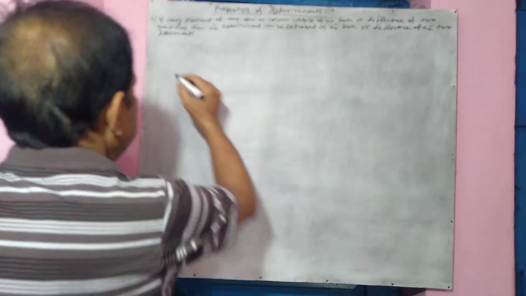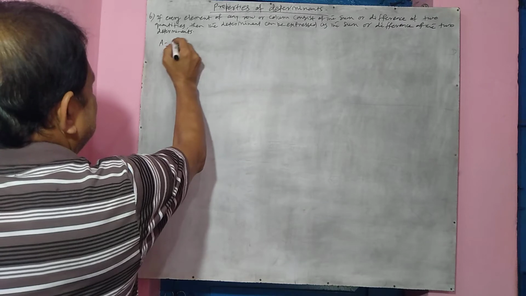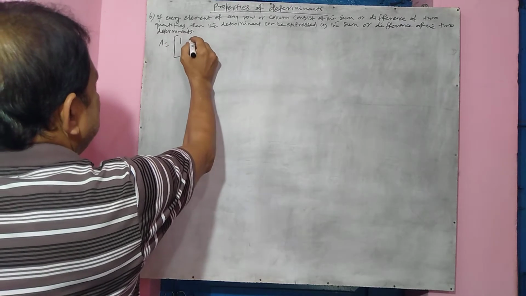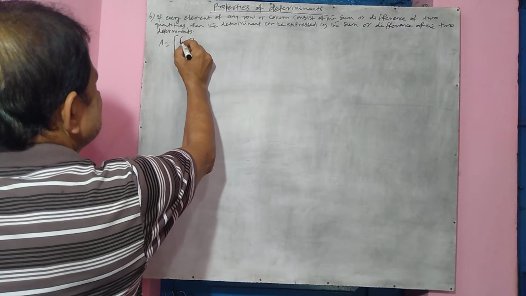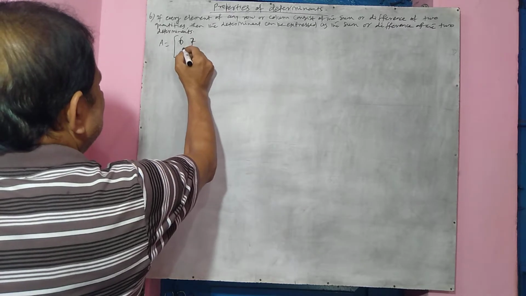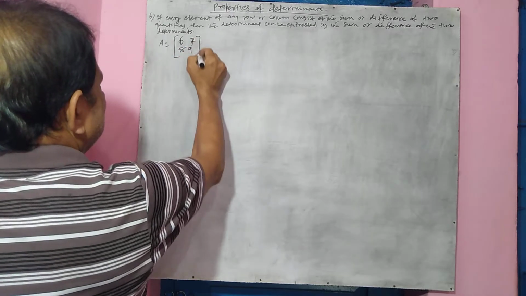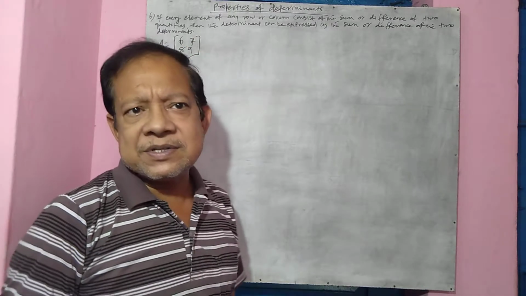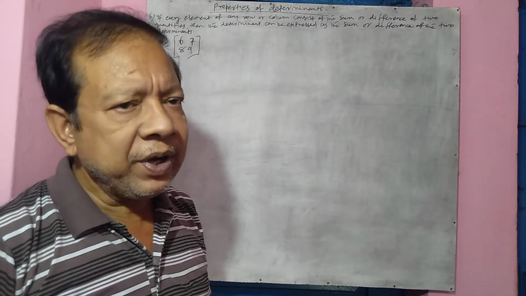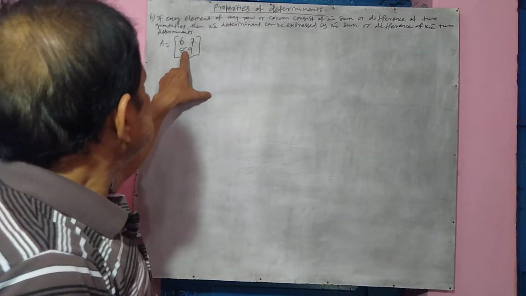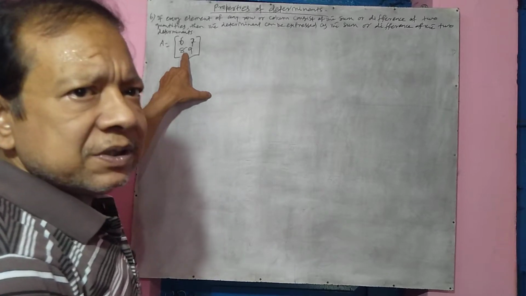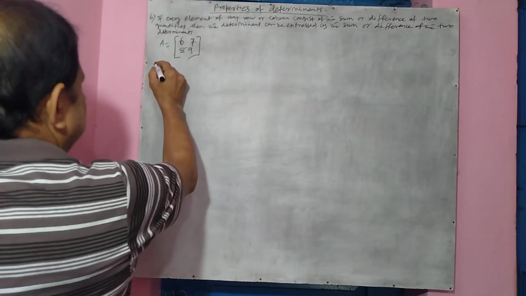Now this will be very clear if I take a very simple example. Let us say I take a determinant A, with 6, 7, 8, 9. Now what happens in this? Let us find the determinant here.